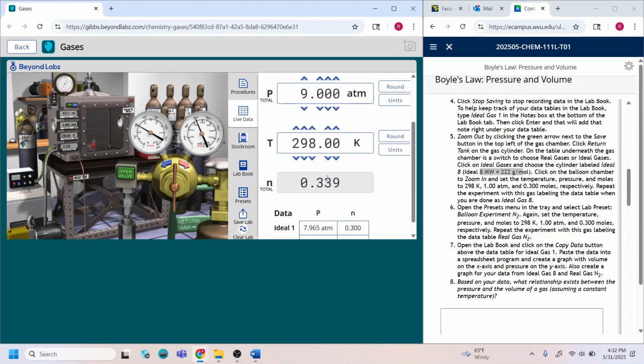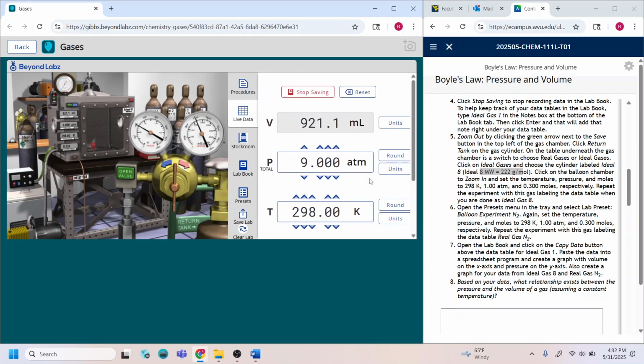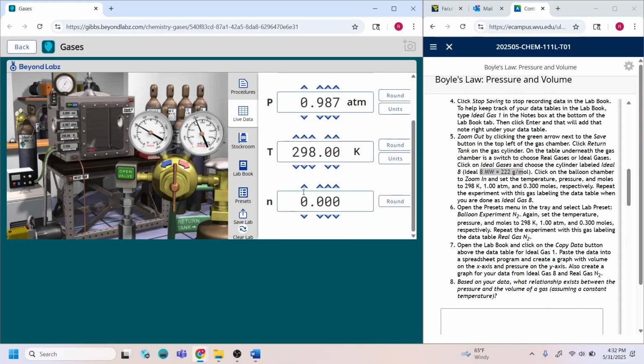So I'm just going to leave it like that. Let me reset that. Okay, and now I'm just going to go ahead and open the valve and make sure that it is 0.3.